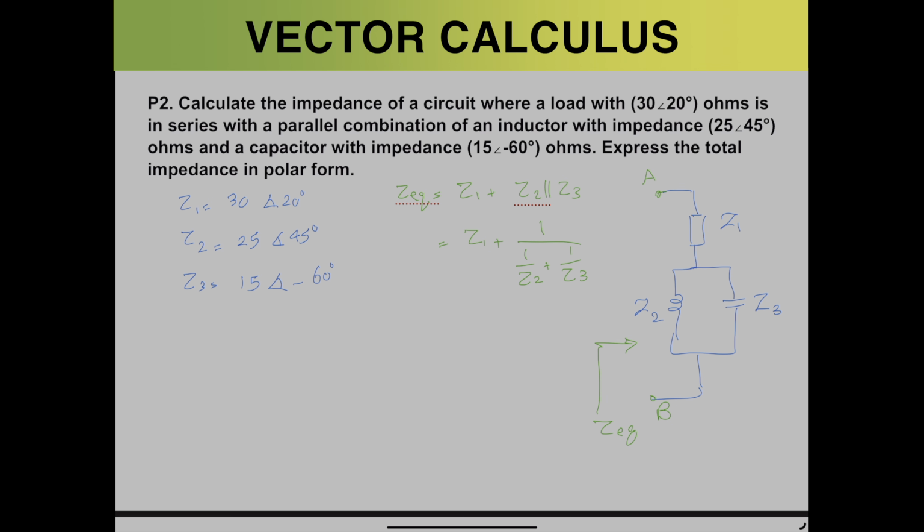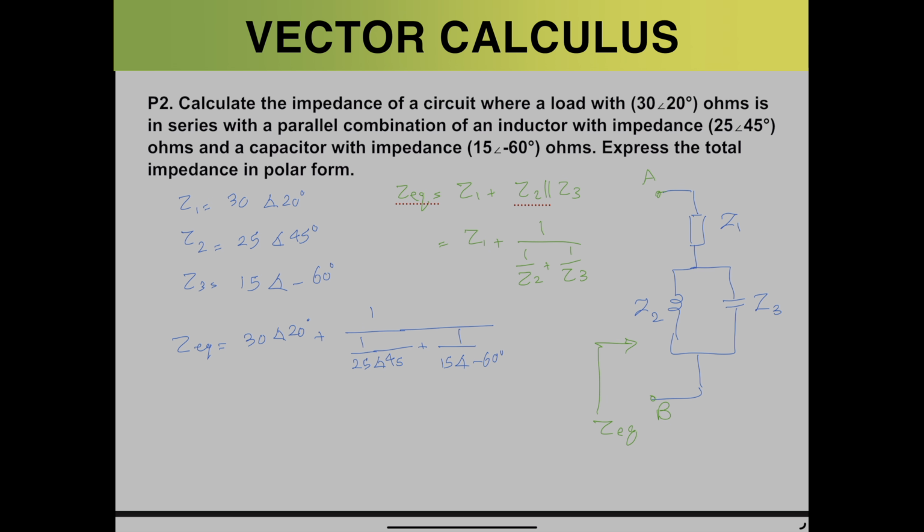Now we have all of the values of Z1, Z2, and Z3, so we can simply replace them. So Z equals Z1, which is 30 with 20 degrees, plus 1 over, 25 with an angle of 45 plus 1 over 15 with an angle of minus 60 degrees.